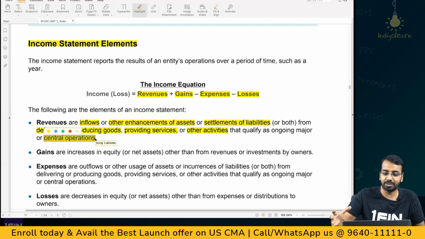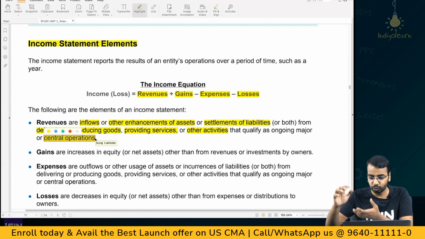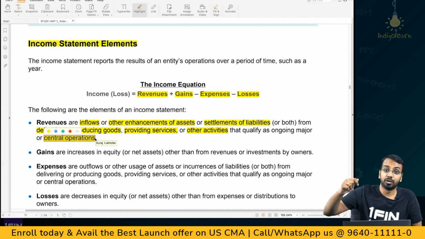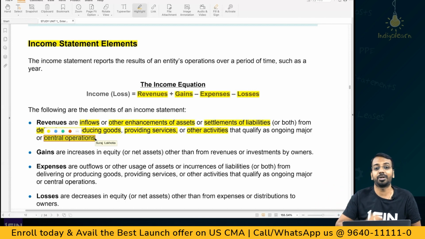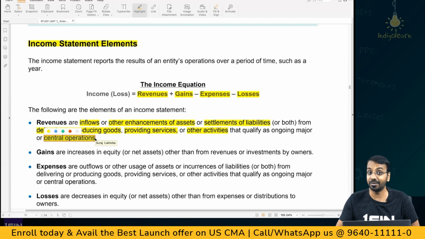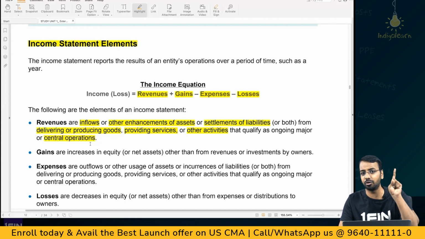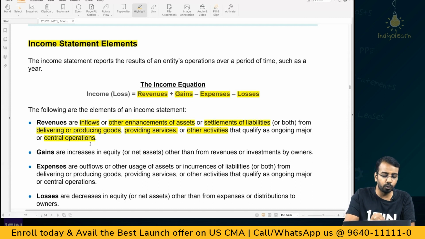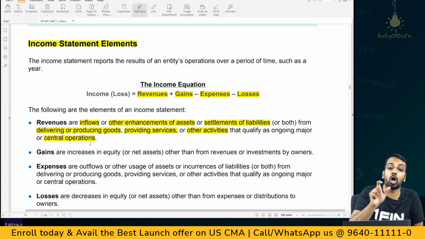If I'm selling scrap, see, we publish books. Those books come in cartons. I'm selling those cartons. Sale of that carton is not my central operation. It is not my primary activity. So that cannot be called revenue. But if I'm selling books, it will form part of my revenue, right? Then that is revenue. So whenever you are looking at revenue, sale of goods, sale of services, provision of services from principal or central operating activities.